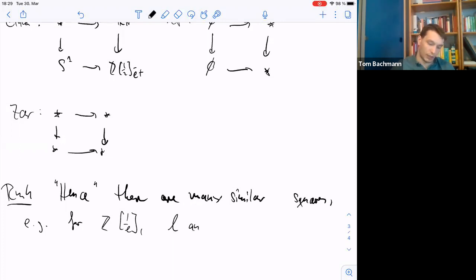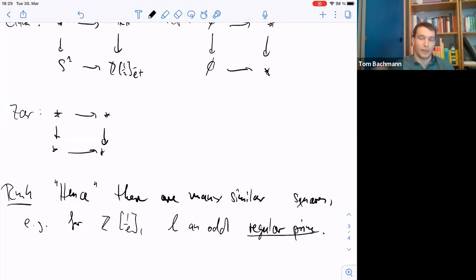L odd, of course, because L equals 2 we already did, and regular prime, which apparently means that the class number of the cyclotomic field where you join the Lth root of unity should not be divisible by L. And apparently there are lots of those, but also there are lots which are not.